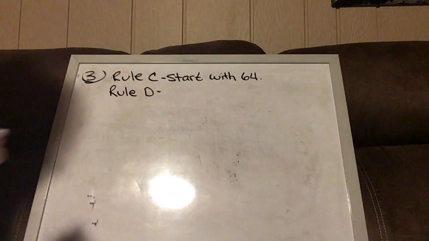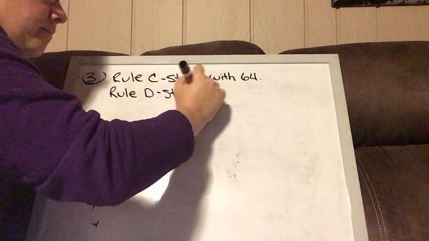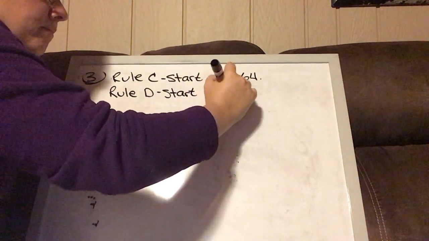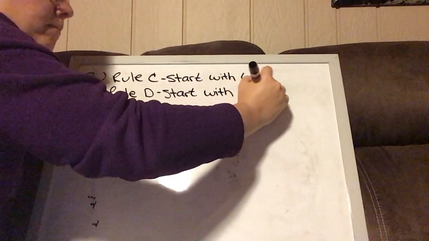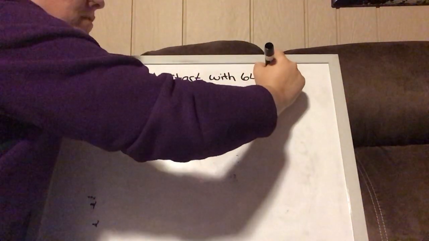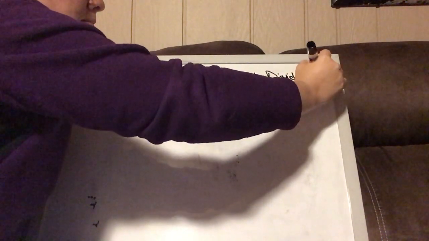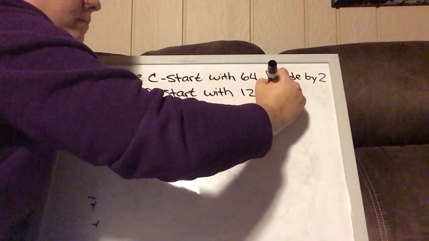Rule D is going to start with 128. And for both of them, we're going to divide by 2.